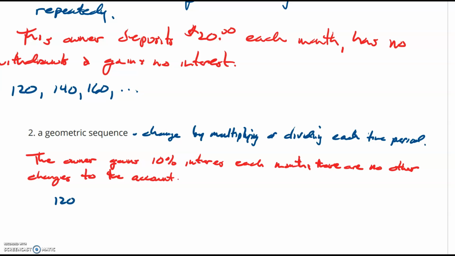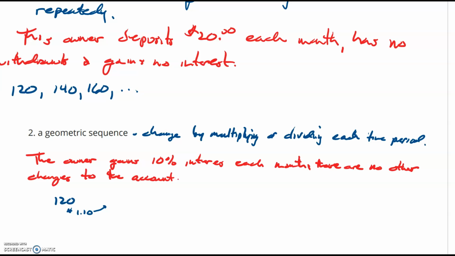But then we would gain 10% of that 120. So what does that look like? What that looks like is we would need to multiply this 120 by 1.10 to get to my next amount.